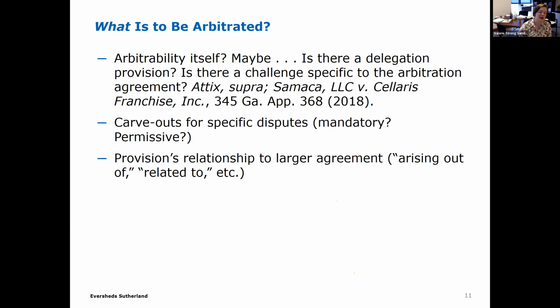This isn't really a drafting session, but it won't surprise you to learn that the conventional wisdom is to be very wary of including particularly mandatory carve-outs, things that say we're going to arbitrate these things, but not those things. Take the patent validity example I just mentioned.